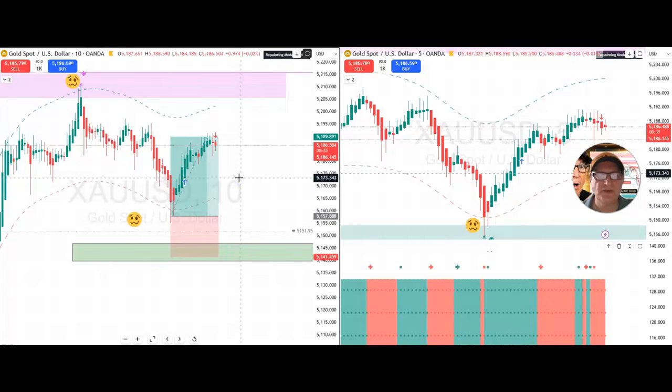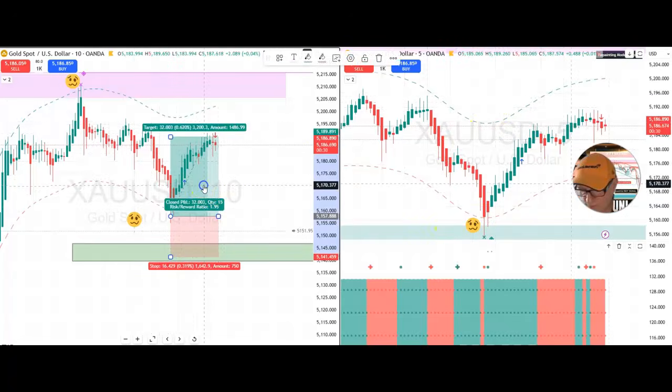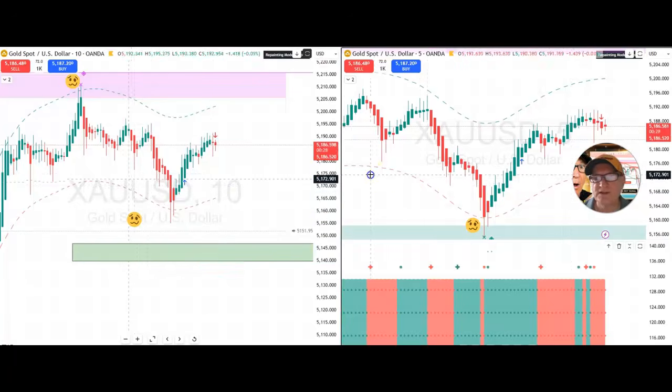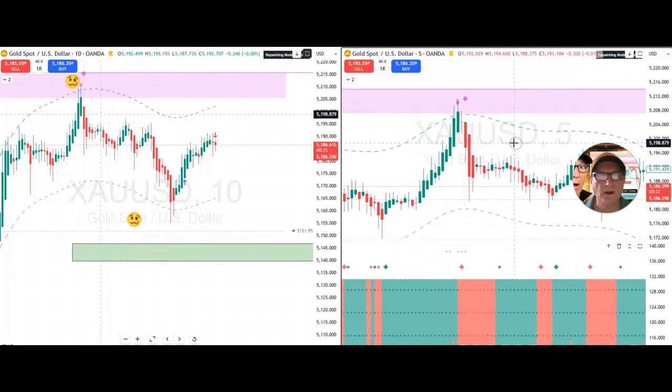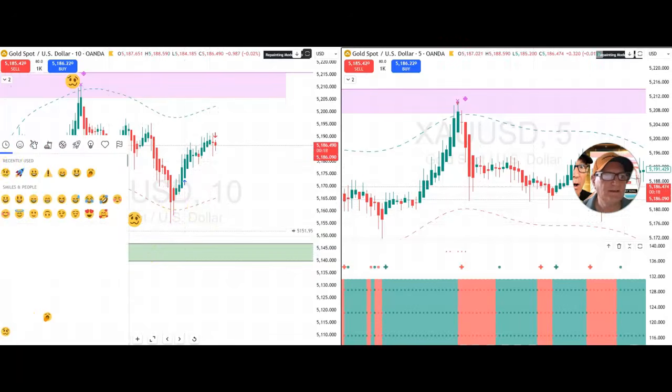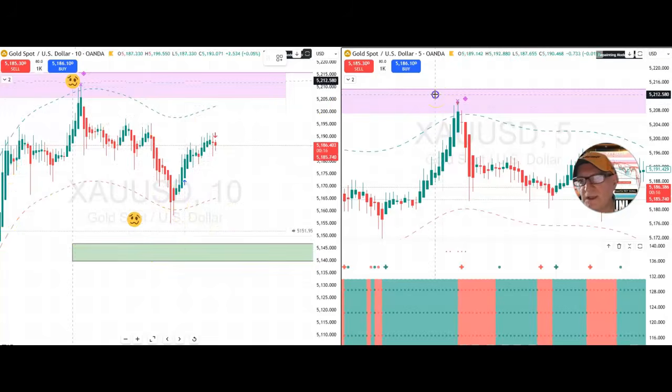Now what is the strategy once you see that happening? The strategy for me, quite straightforward, is that whenever I see an outside bar, I am looking for an entry to sell. So on the 5-minute chart, I have to see an outside bar here as well.